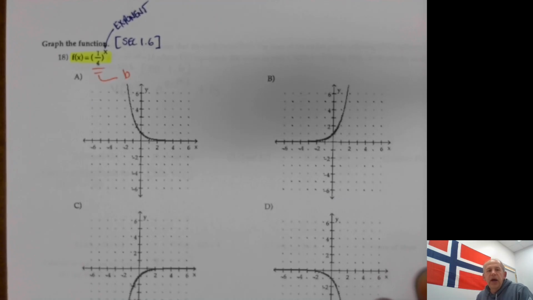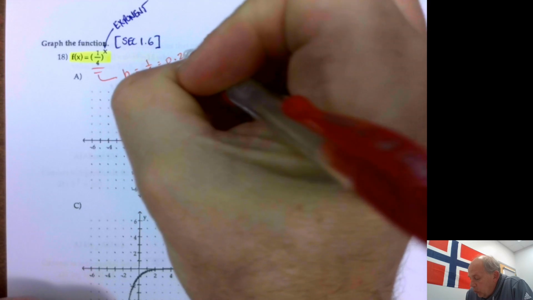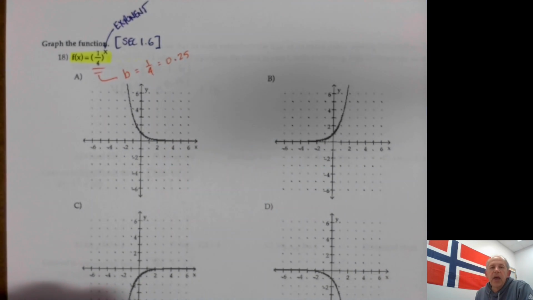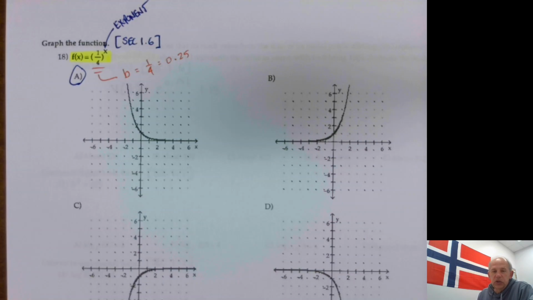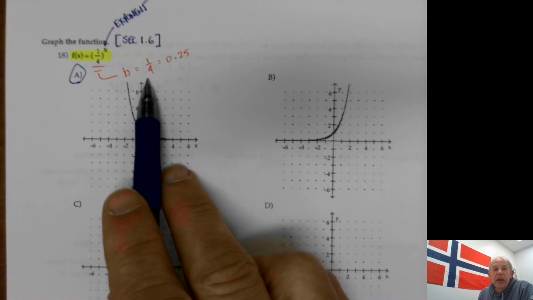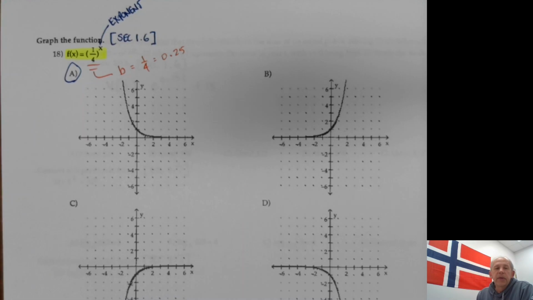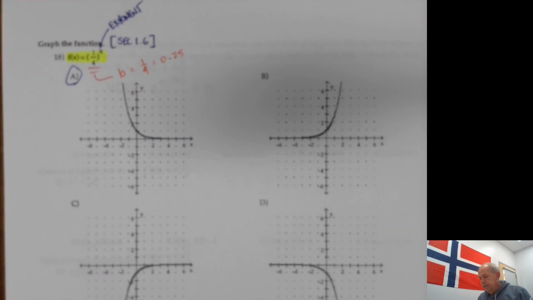My base value here is 1/4, and that's 0.25. 1 divided by 4 is 0.25. And now that I have my base is less than 1, or 0.25, I know I'm going to have exponential decay. If my base would have been something greater than 1, I would have had exponential growth. That's exponential decay because of the b being less than 1.